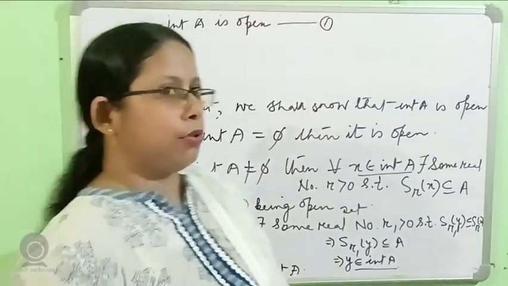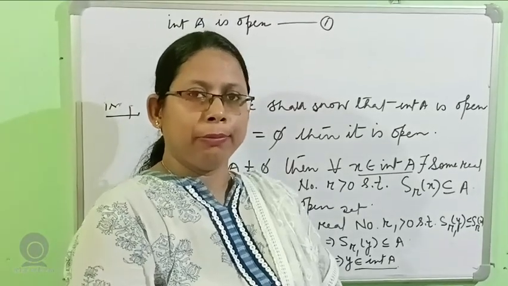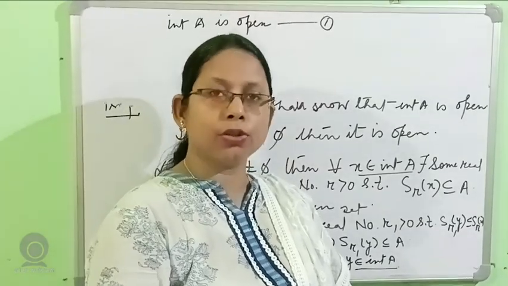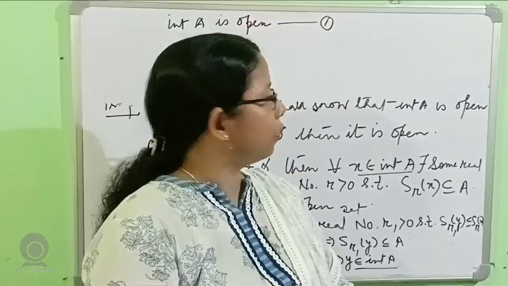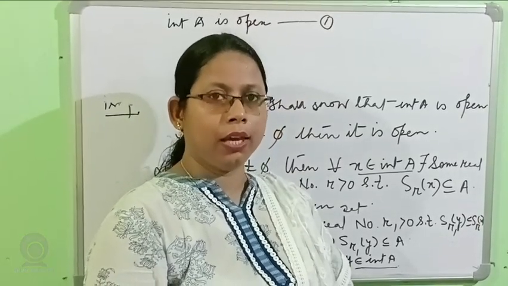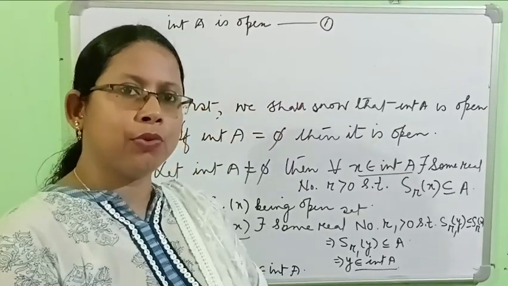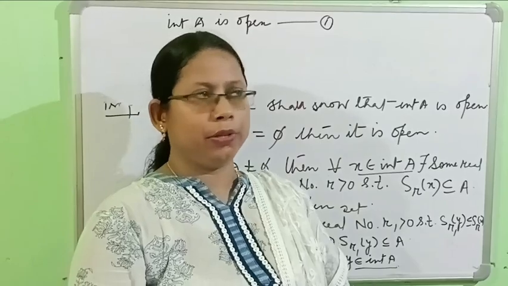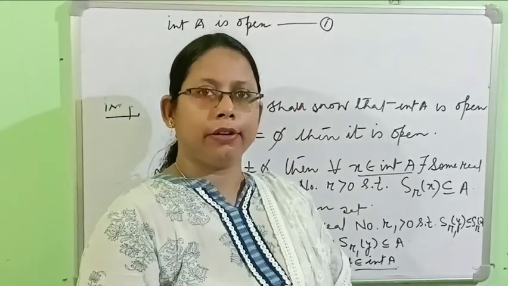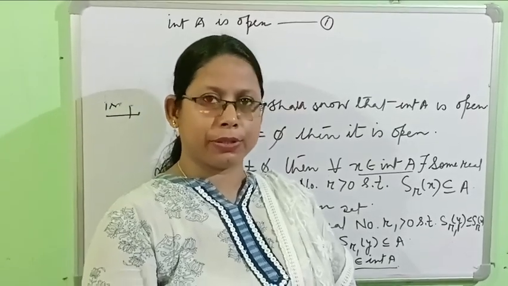Next, our proof will be complete if we show interior of A is the largest open subset. For that, we will consider any open subset of A, and then we will show that this subset will be a subset of interior of A. Then we are done; interior of A will be the largest open subset.